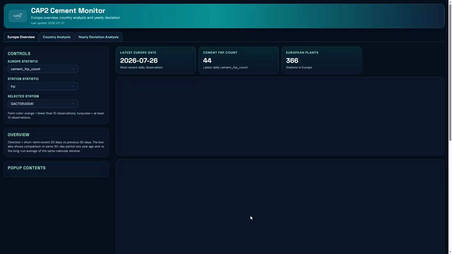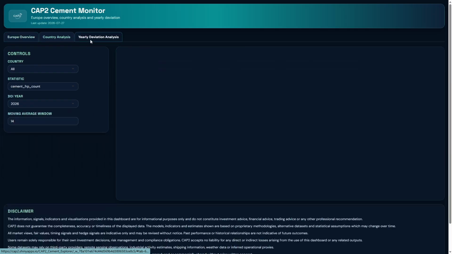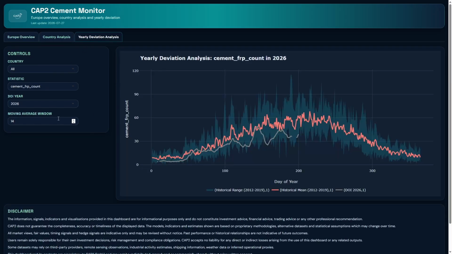As we can see here, for example, when we go to yearly deviation analysis and go for the year 2026, right now we have basically 200 days in this year. 200 days have passed, and currently we have an infrared signature that is at the complete bottom of the historic distribution at this point of the year.